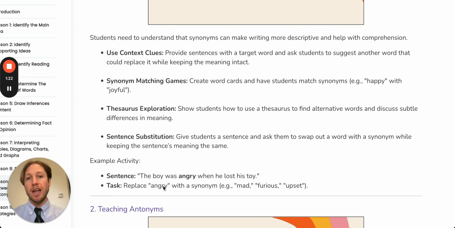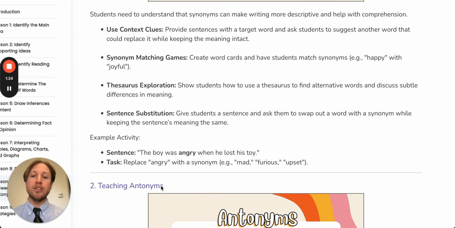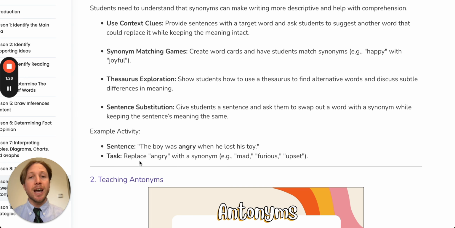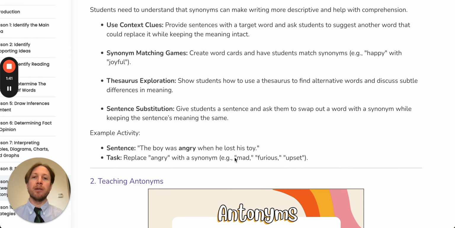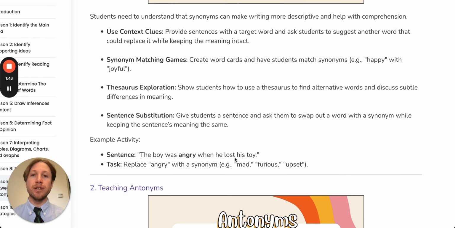Notice how the word angry is the word we're focusing on, and that's why it's in bold. And the task of the student will be to replace the bold word with a synonym. So that student would say, "The boy was mad or furious or upset when he lost his toy." And that would help us as the educator know that the student that we're working with demonstrates an understanding of synonyms.